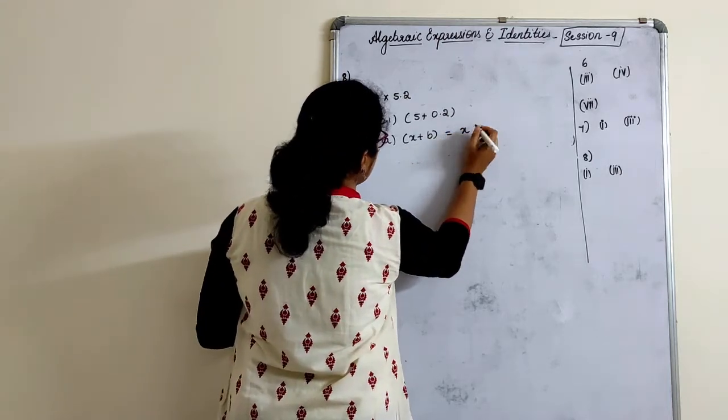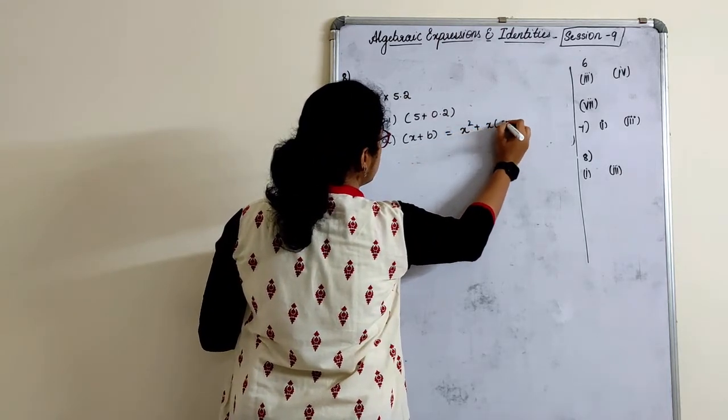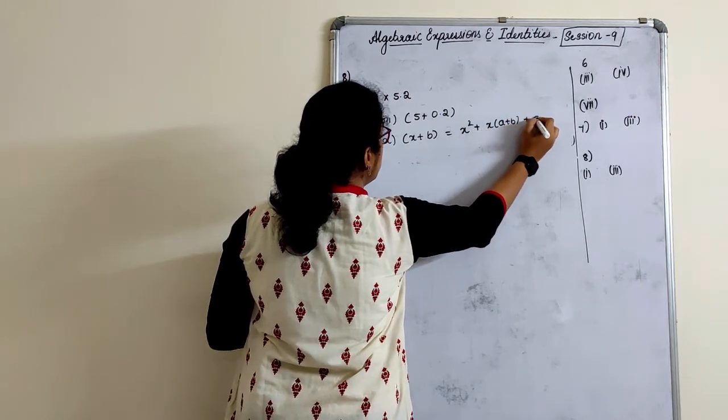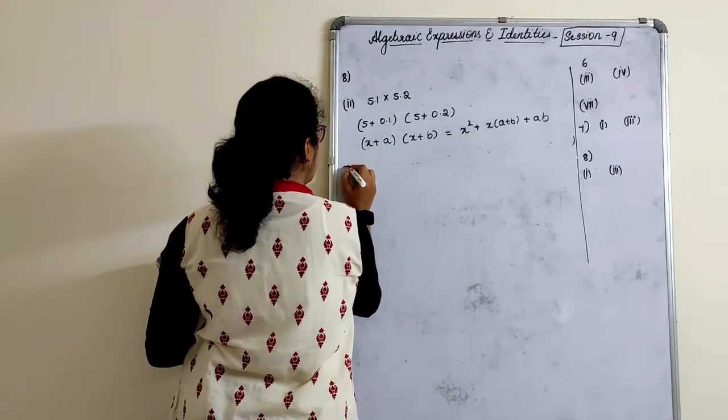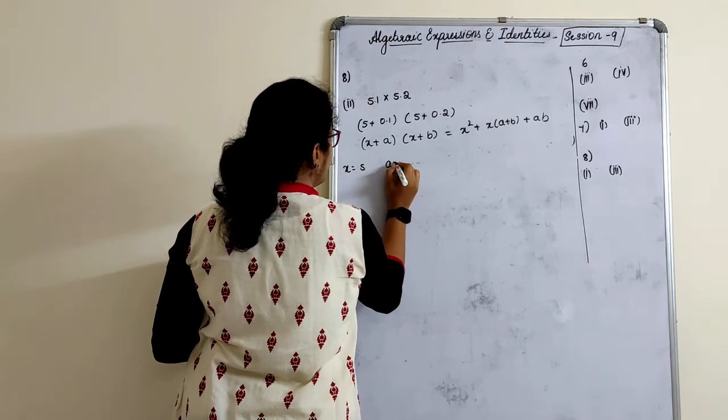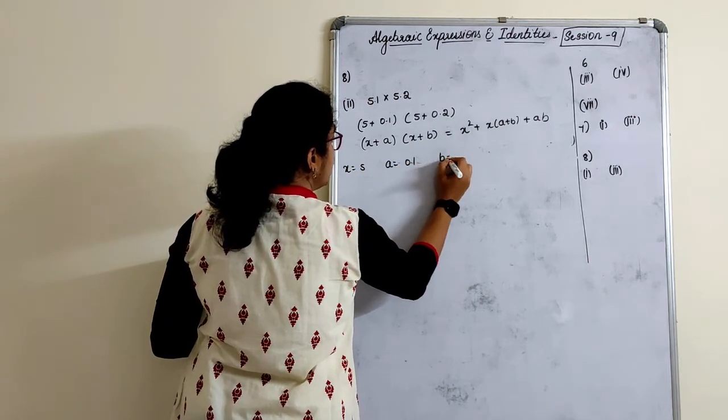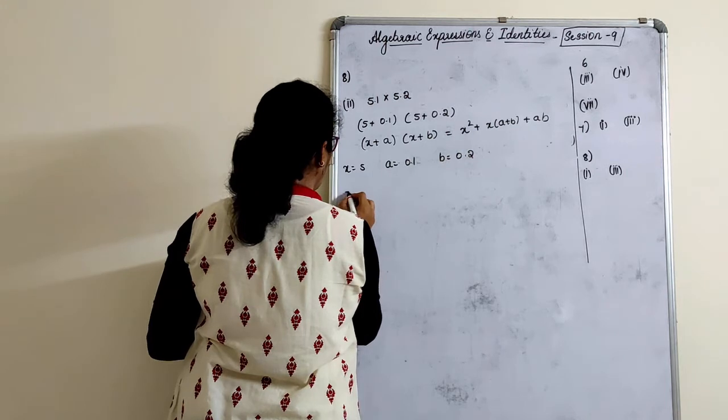The answer is x square plus x of a plus b plus ab. Your x is 5, your a is 0.1, your b is 0.2.